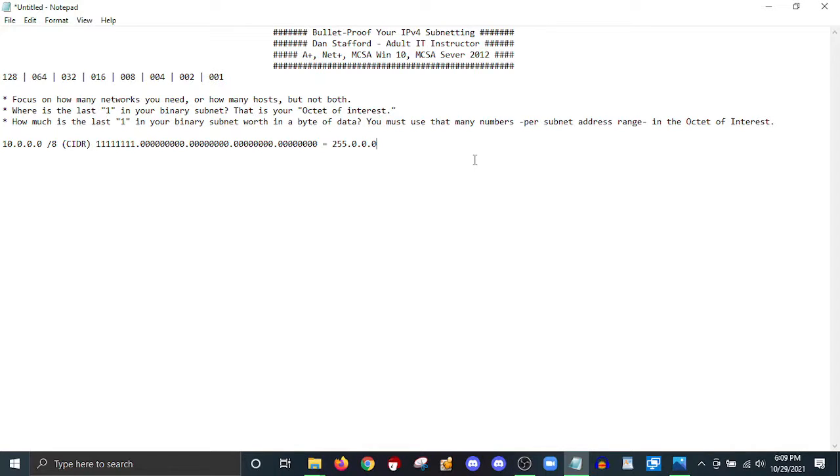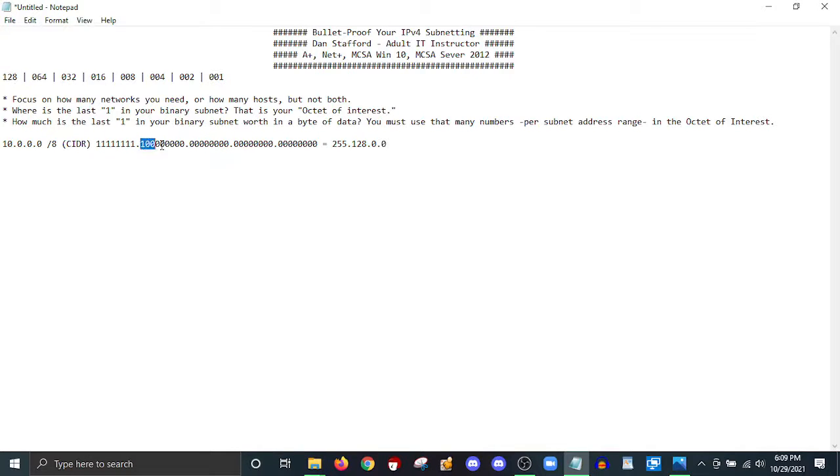Okay, so now we have a /8 in CIDR, which means we have 8 ones in the subnet mask, right? If I had a /9, I would have to add another 1 over here, and then my subnet mask would look like this. Because if I have a 1 here, how much is that worth? 128, right?